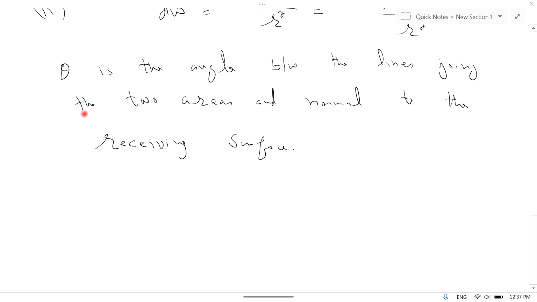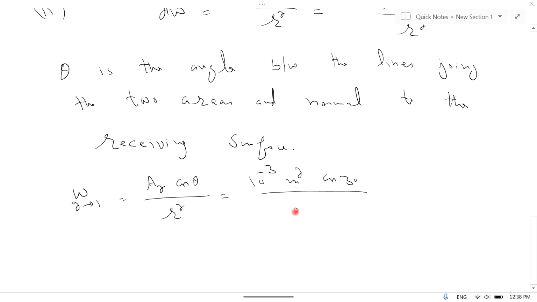First we find the solid angle between area 2 and area 1. W2 to 1 is equal to A2 cos theta divided by R square. A2 is given as 10 power minus 3 square meter, cos theta is cos 30 degree, and R is 0.5 meter.